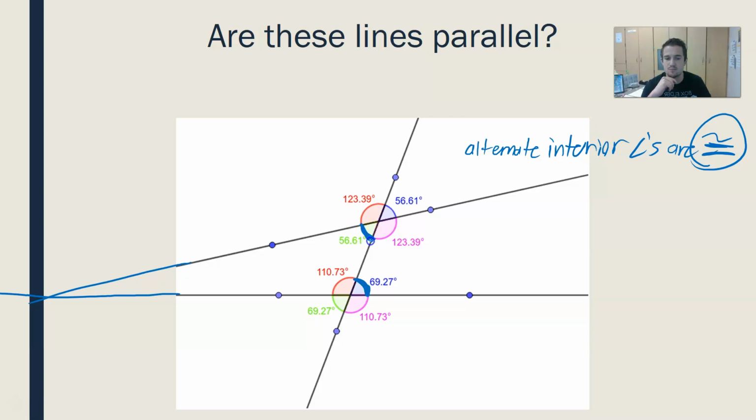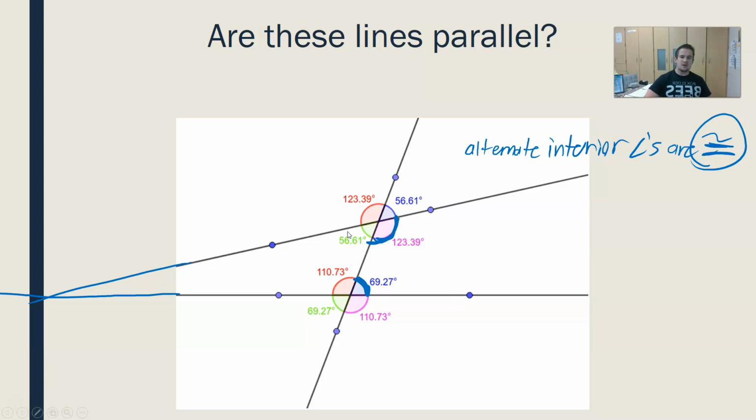This one is 56.61 degrees. They're not the same. So these lines are obviously not parallel, because if they were parallel, they would be the same. That's the same with some of these other angle relationships. For example, in parallel lines, consecutive interior angles, these two, would be supplementary, meaning they would add up to 180 degrees, which in this case, they do not.